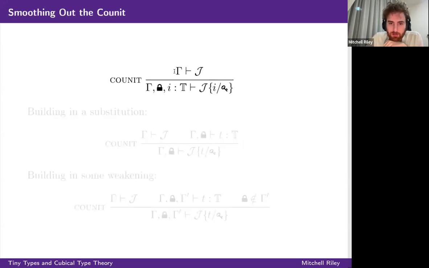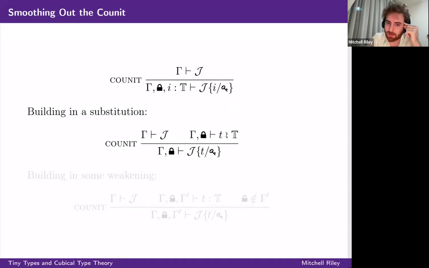Okay, so let's look at this co-unit rule. I haven't justified yet why I've written it like this, but that's what I'm going to try and do now. This rule is much like the original function application rule that we had, where we've now got this extra variable stuck in the conclusion, and we can fix that easily by building in a substitution for this extra assumption.